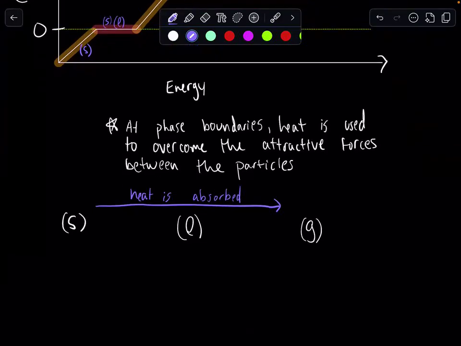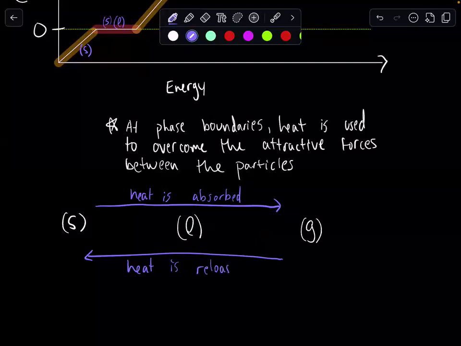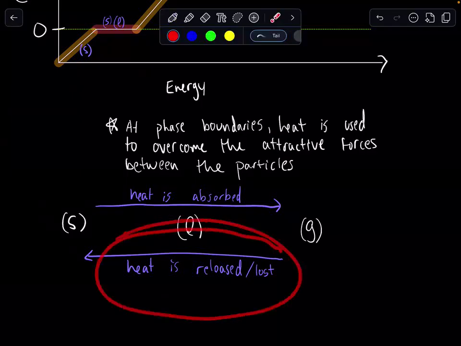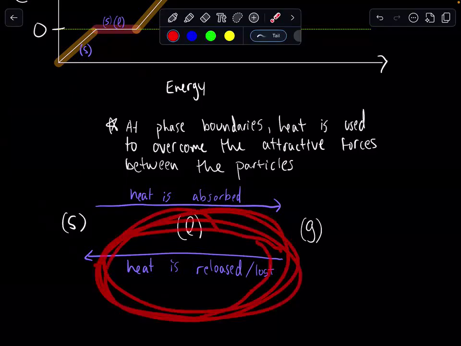And as we move from gas to solid, we say heat is released or lost. That final clarification is just that we don't say that things are gaining coldness. There's no such thing as gaining cold. There is only a loss of heat, which we feel as a decrease in temperature or something getting colder.